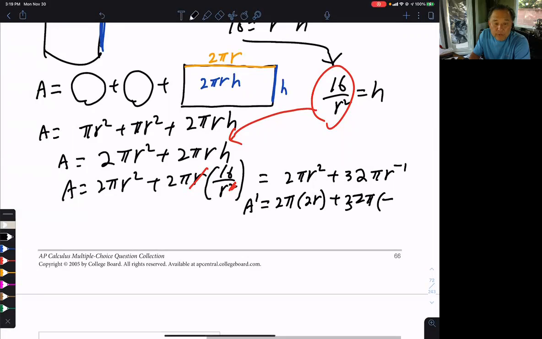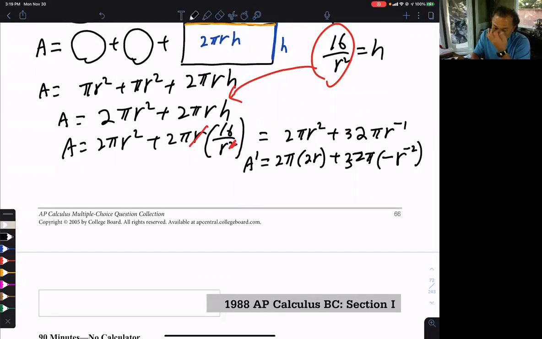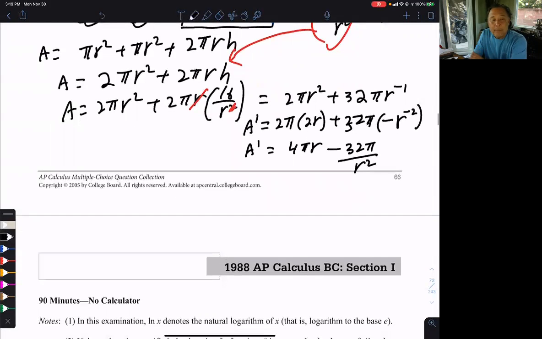The -1 moves in front, and the power decreases by 1. So there is my derivative. And let me write this down, simplified. So it's 4 pi r minus 32 pi over r squared. A lot of work.